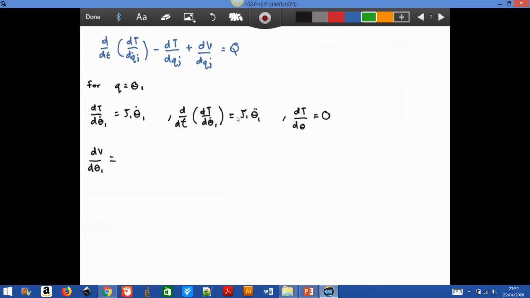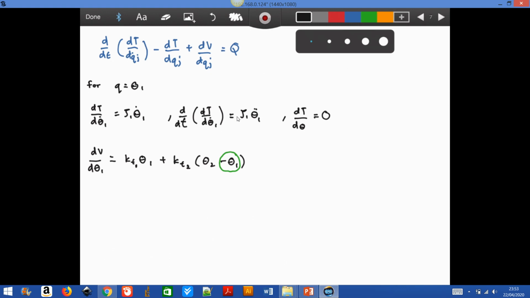So when we differentiate towards theta 1, we will get KT1 theta 1 plus KT2 (theta 2 minus theta 1), and then don't forget the inner part, which is this one, differentiate this, minus 1.